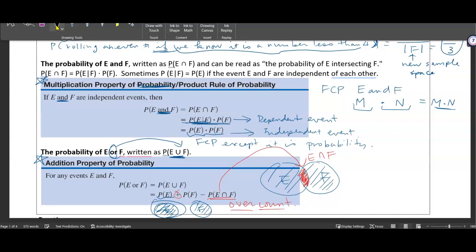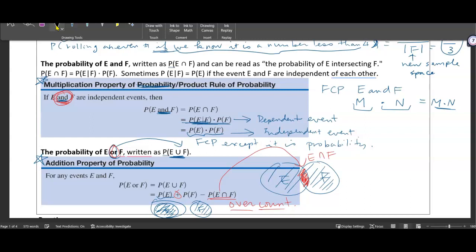Okay, so again, when we have "and", we use multiplication, and sometimes the denominator does change in the dependent event. In the independent event, the denominator or the sample space doesn't change, but it's multiplication either way when we see "and". But when we see "or", then we will do the adding, but make sure that you don't count anything twice by asking, is there anything that I counted twice?